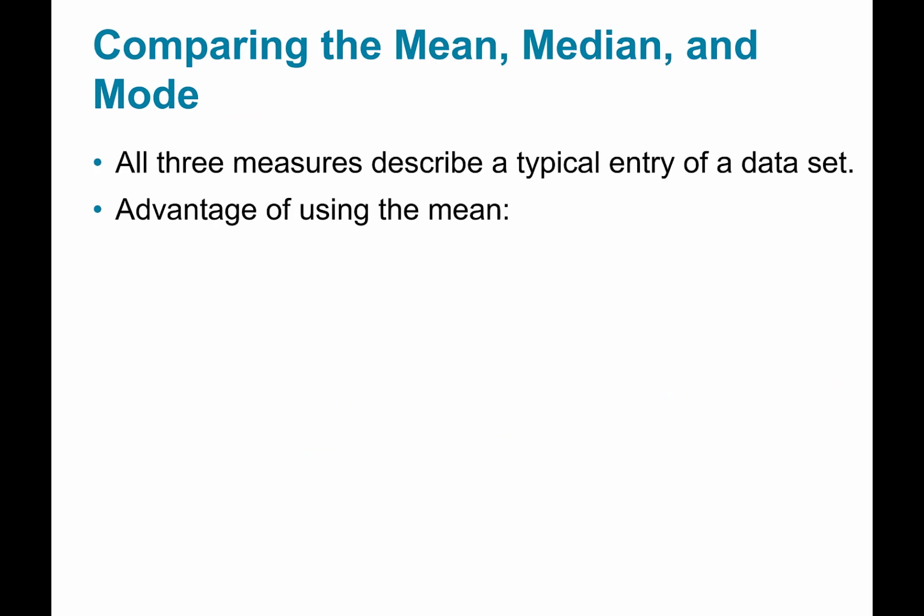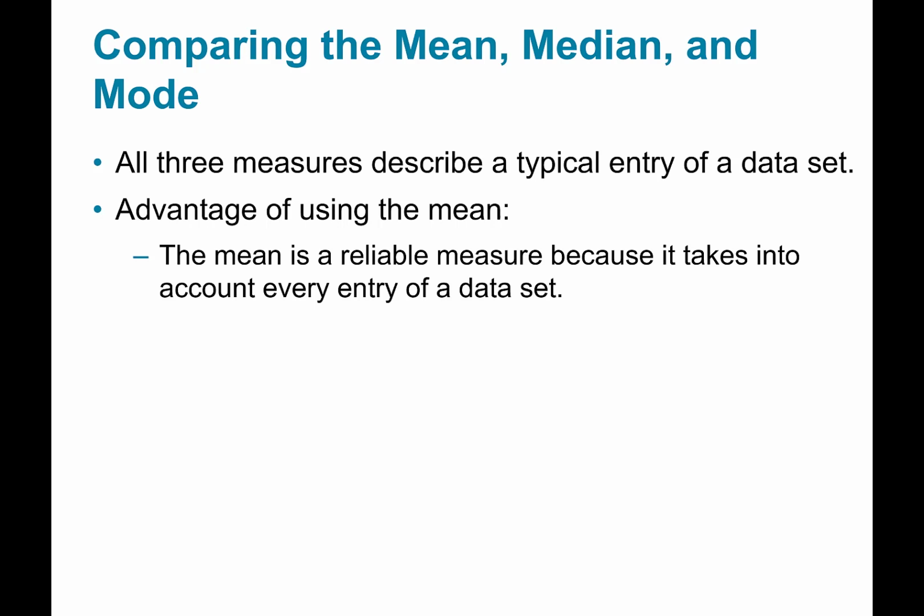So I mentioned all three of these measures describe a typical entry of our data set. So what are the advantages and disadvantages of using the mean? The mean is going to be the one that we will use the most often in this class. The reason why we like the mean is because it's reliable. It takes into account every single entry of every single data set and takes into account the value of each of those entries.